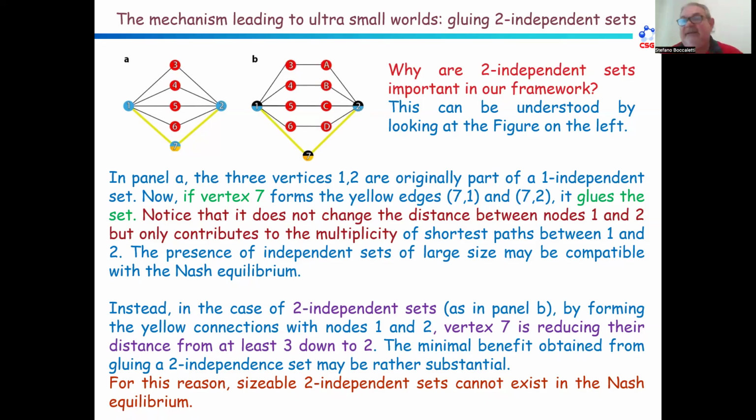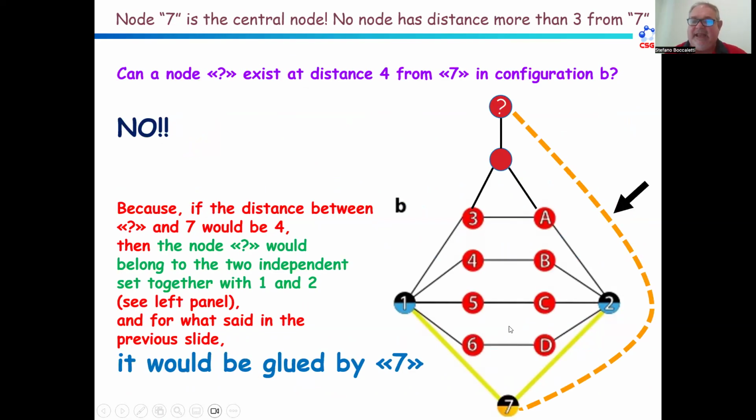And this is another theorem that shows this. And now once you demonstrate that the Nash equilibrium cannot have 2-independent sets, the question is, can a node, question mark, exist at distance 4 from node 7? From the famous node 7. And the answer is no, because if I have such a node, question mark, then it means that from node 7 to question mark, I have to construct the shortest path with 4 steps.